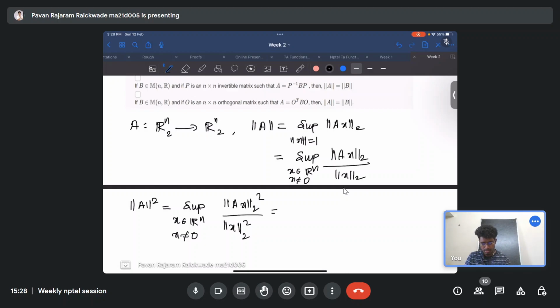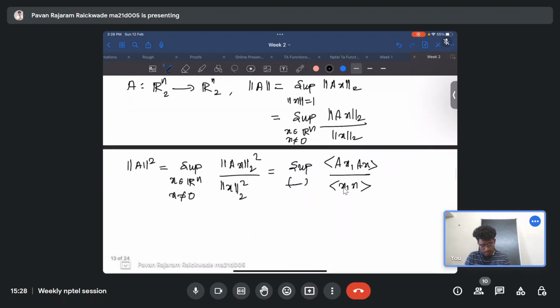So this is simply the supremum, the same thing, of the inner product of Ax with Ax divided by the inner product of x with x, which is the supremum of x transpose A transpose Ax, because the standard inner product in Rn of x with y is y transpose x.